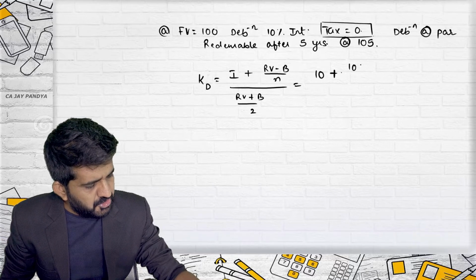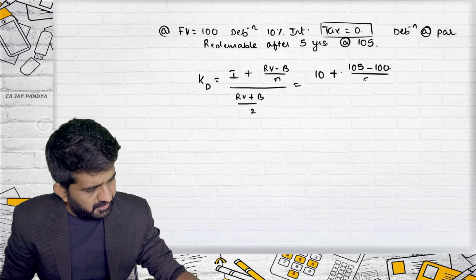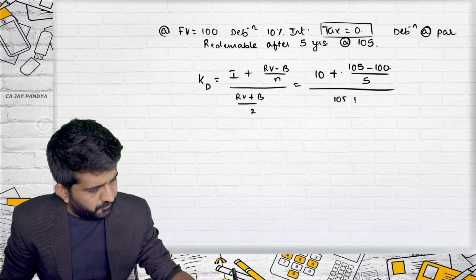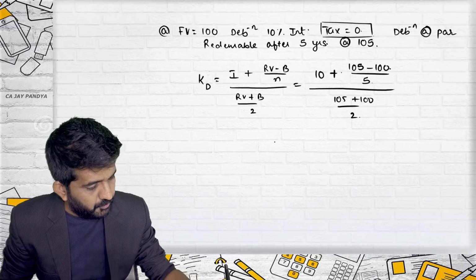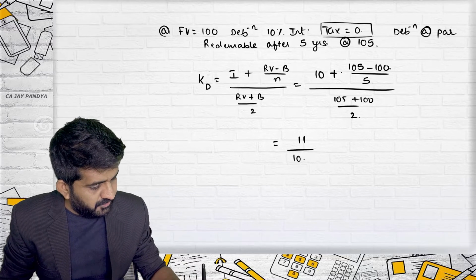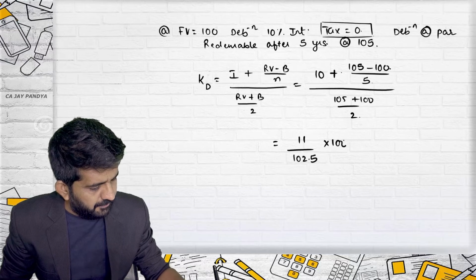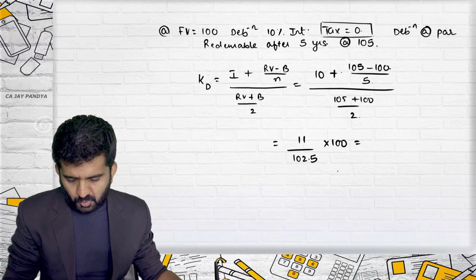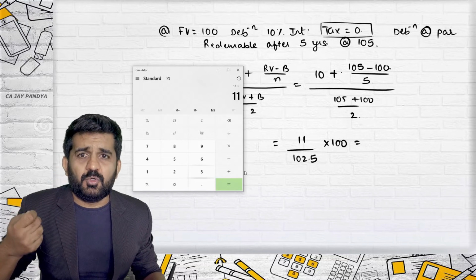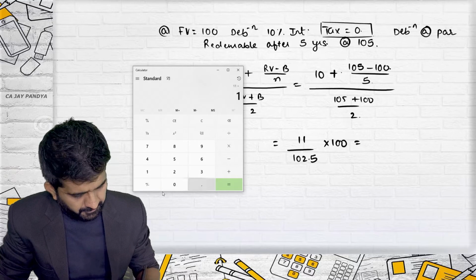Plus redemption value is 105 minus borrowing is 100, divided by 5, upon RV is 105 plus 100 divided by 2. Numerator will be 11. Denominator will be 102.5. Multiplied by 100, that will be nothing but the cost of redeemable debentures. If you feel I am going fast, you can go into the cost of capital chapter. This is what we have done n number of times.